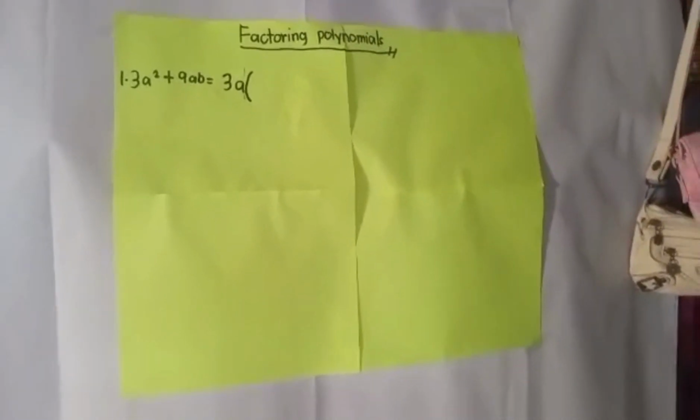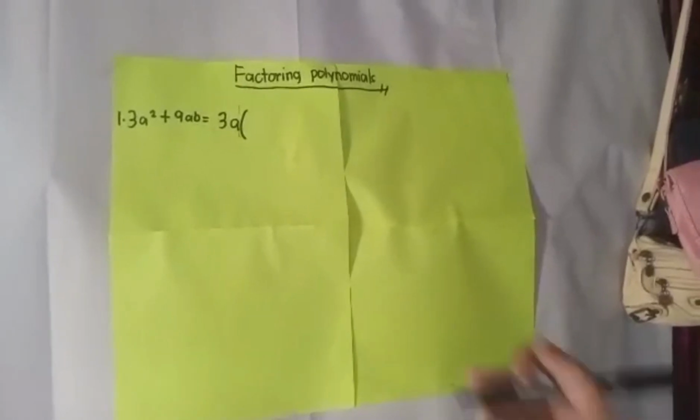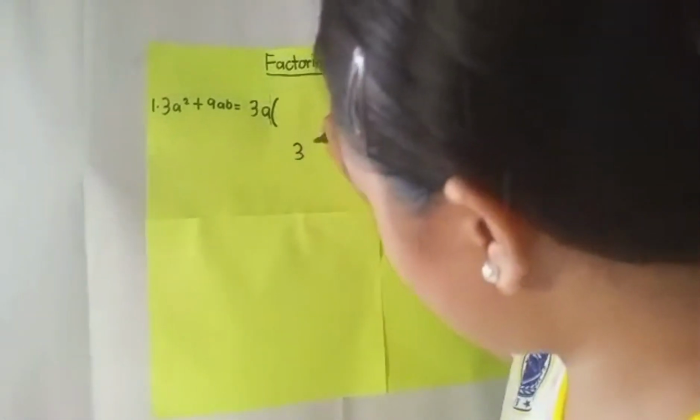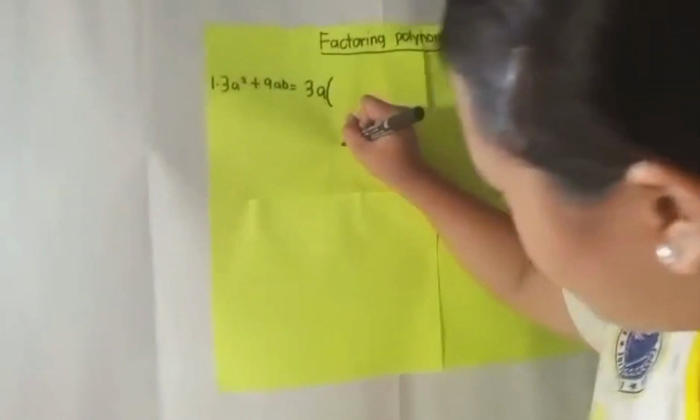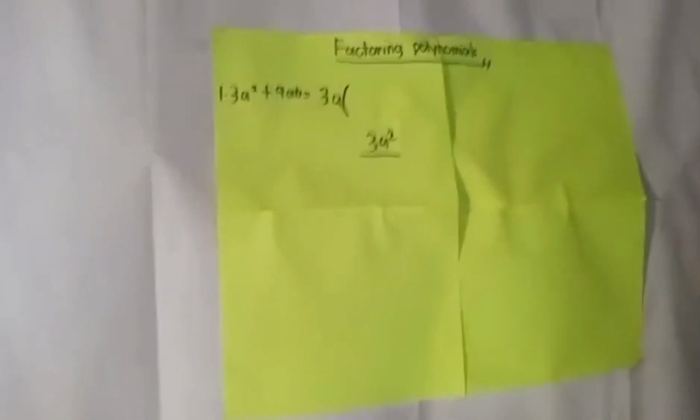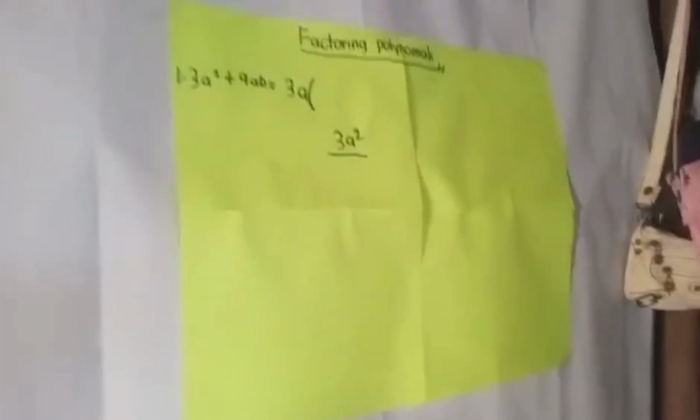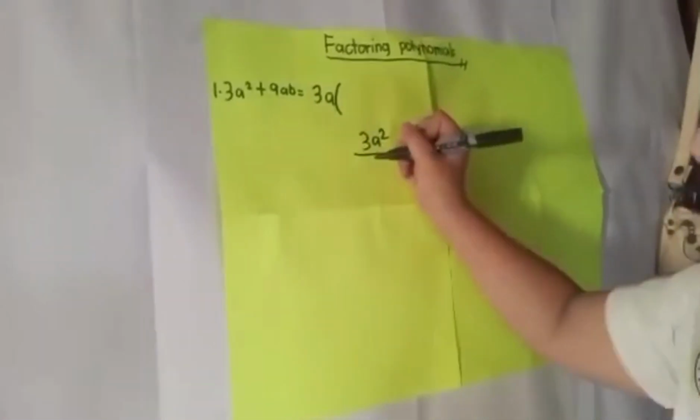And then, i-divide natin isa-isa yung terms by our monomial factor. So, 3a squared divided by 3a.